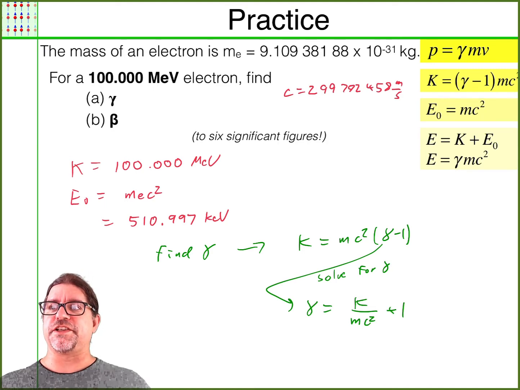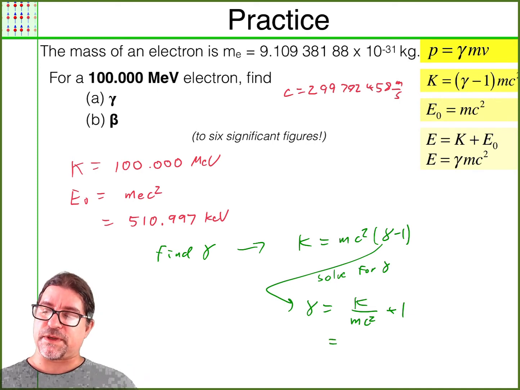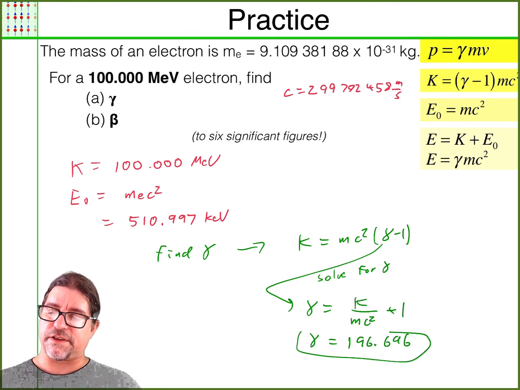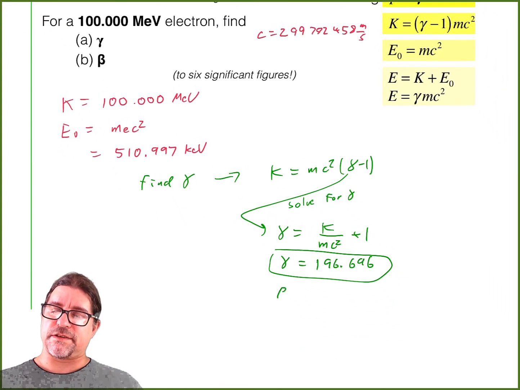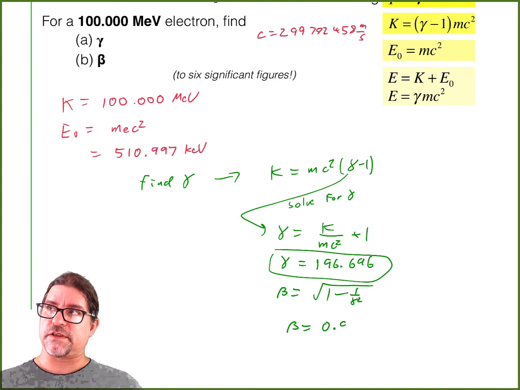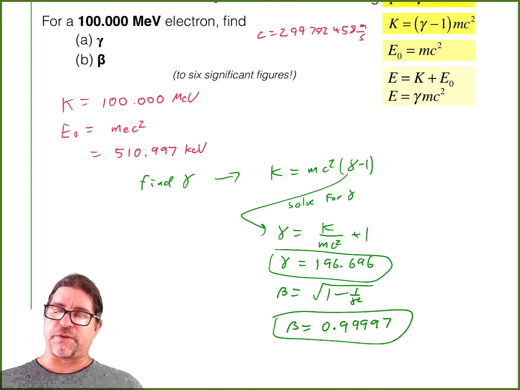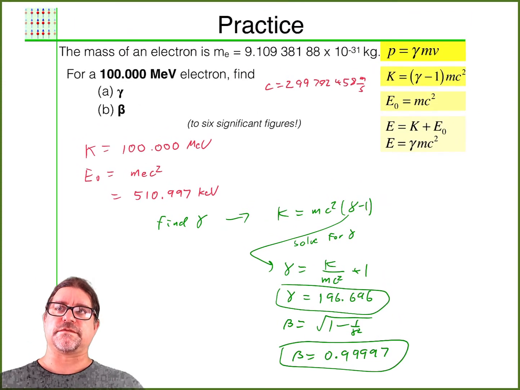We know the kinetic energy is 100 MeV, and we have a very accurate value of mc squared, so I can solve for gamma. That gives me 196.696 when I plug in all the numbers. Then I can get beta from gamma. Remember, beta is the square root of 1 minus 1 over gamma squared. That works out to about 0.99997. In other words, it's moving at 99.997% the speed of light. Weird stuff.